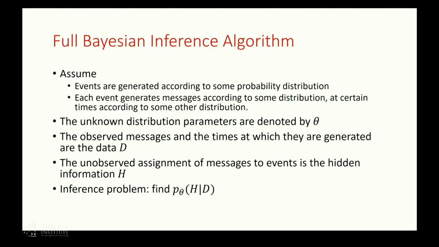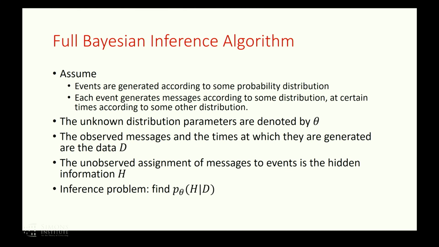You can also do full Bayesian inference. I can assume a generative model for the whole thing. I broke it up into smaller parts called episodes. Instead, I could do a full-blown Bayesian inference. I could say that events are generated according to some probability distribution. Each event generates messages according to some distribution at certain times according to some distribution and so on.